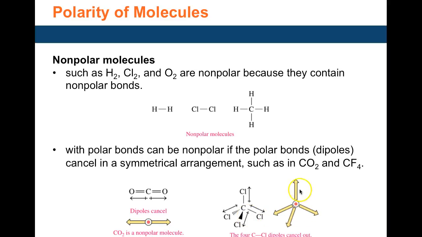However, if you look at those dipoles, they are equal but opposite in direction. They're canceling each other out. So when you have symmetrical molecules with polar bonds, the dipoles cancel, and therefore symmetrical molecules with polar bonds are non-polar.